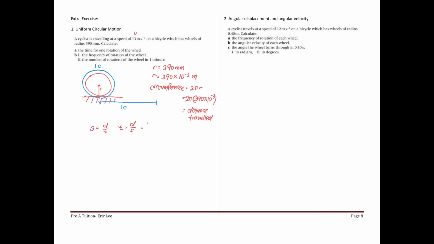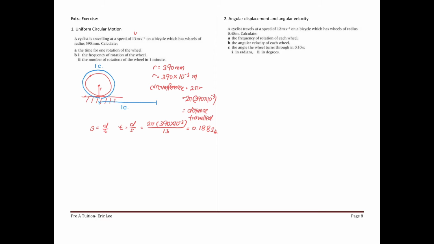The distance is 2 pi multiplied with 390 times 10 to the power of minus 3, and the speed is given in the question, which is 13 meters per second. So by calculating this, you will get 0.188 seconds. So this is the time for one rotation of the wheel.